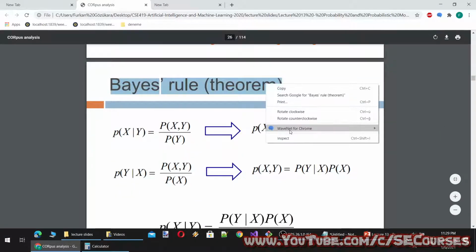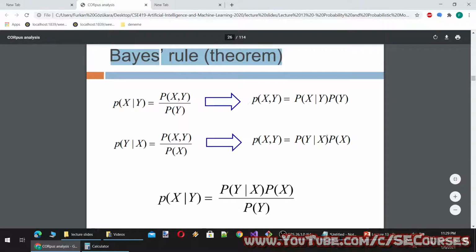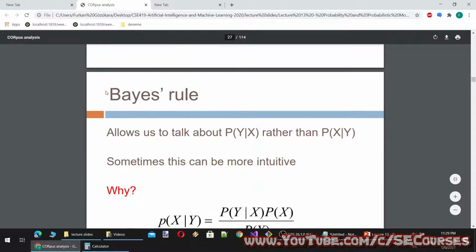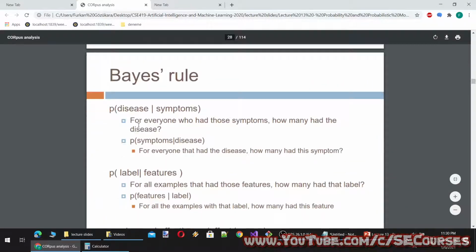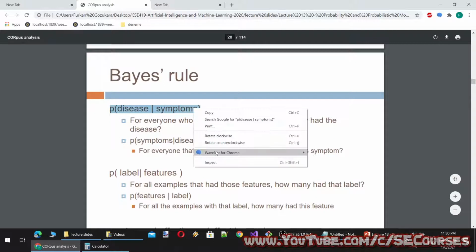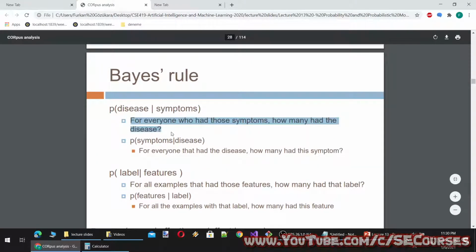Okay, so Bayes' rule, theorem. There is Bayes' rule. It allows us to talk about P(y|x) rather than P(x|y). Sometimes this can be more intuitive. P(disease|symptoms): for everyone who had those symptoms, how many had the disease?